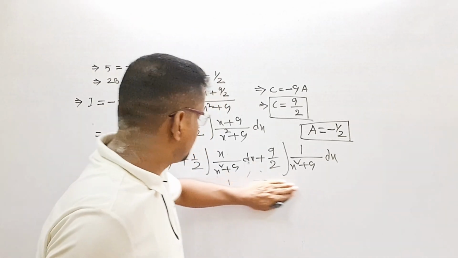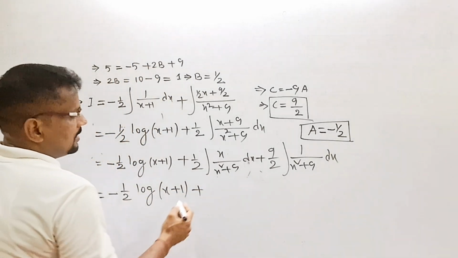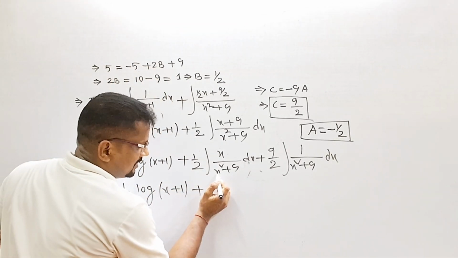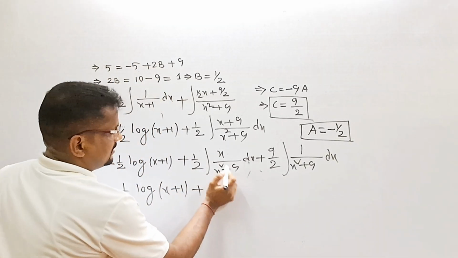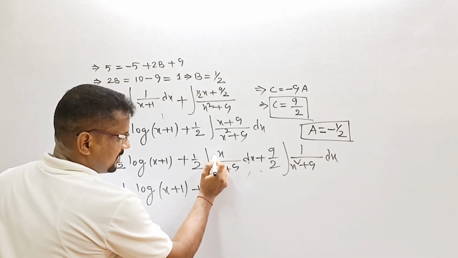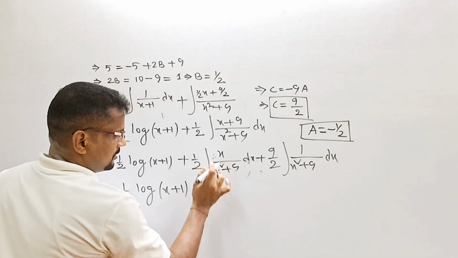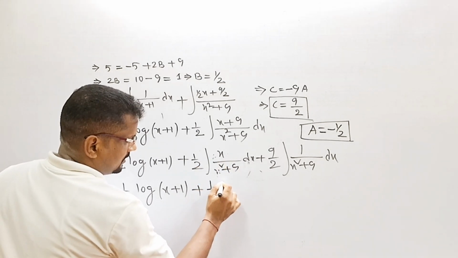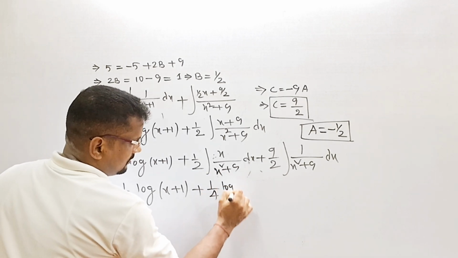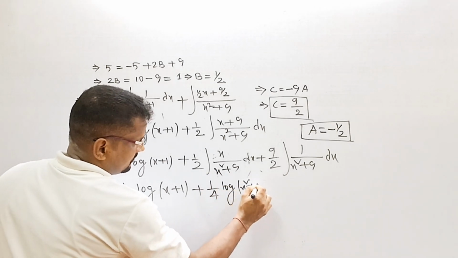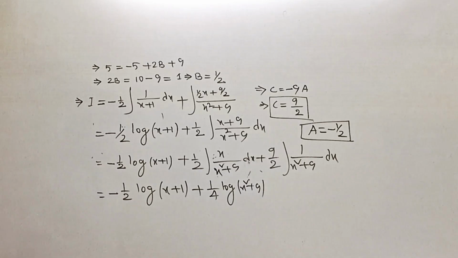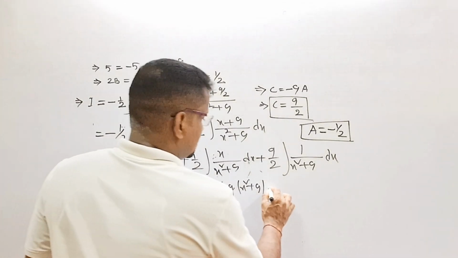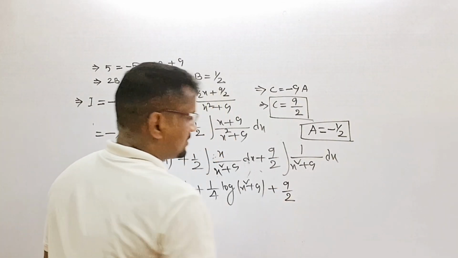But this is the rule, and here the derivative of x squared plus 9 is 2x. So if I write 2 here, I have to make it 4. So let me write 1 by 4. Then I can write log of x squared plus 9. That's it. Plus 9 by 2 as it is.